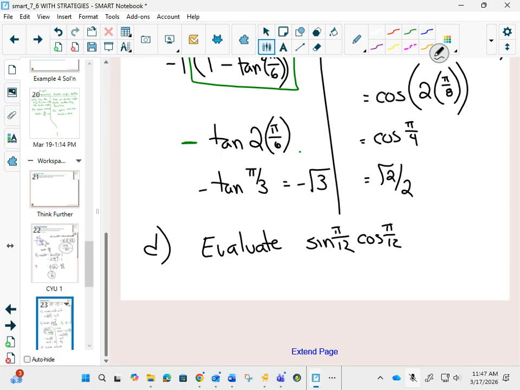What makes this crazy hard is you're probably tempted to do pi over 12 questions. Does it make sense when you see pi over 12 that you might think that this is a pi over 12 question? Your brain sort of trains you that way. But this can be done much easier and much shorter with one of our formulas. Can you see which formula it matches up with?